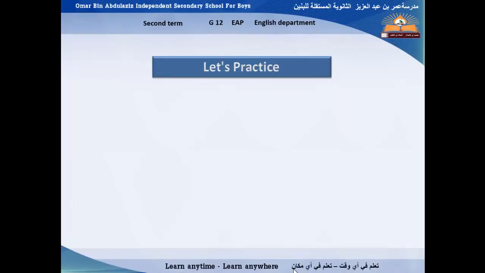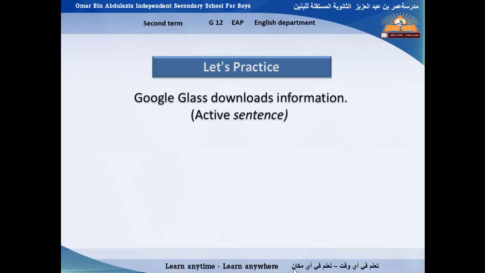Let's take a practice for using can with the passive voice. When we say Google Glass downloads information, this is an active sentence because the subject of the sentence is found at the start of the sentence. What shall we say to make it passive? We have to apply the rule, which is starting with the object. Where is the object? The object is the word information.